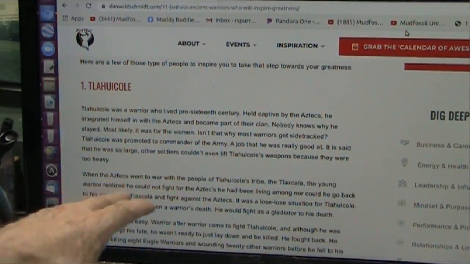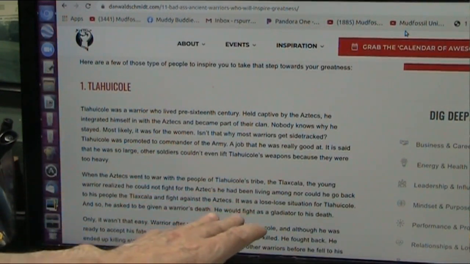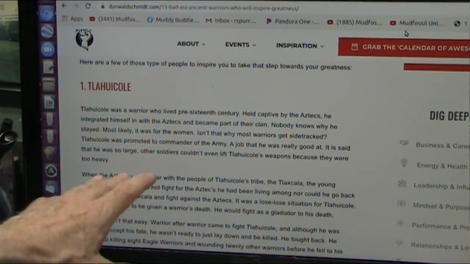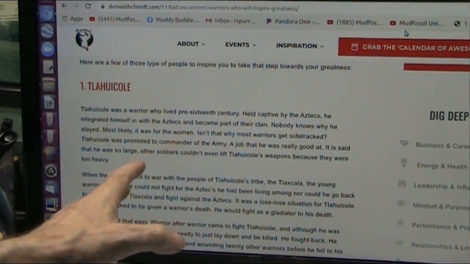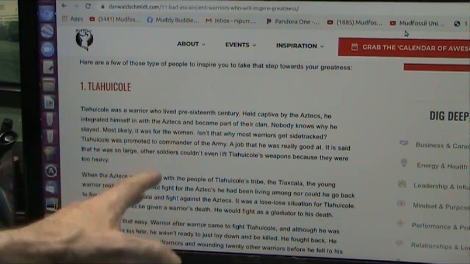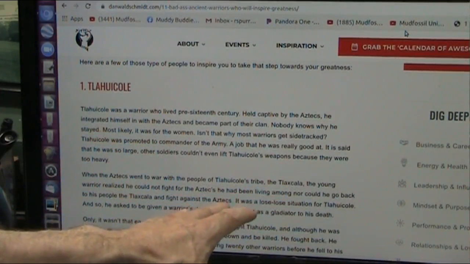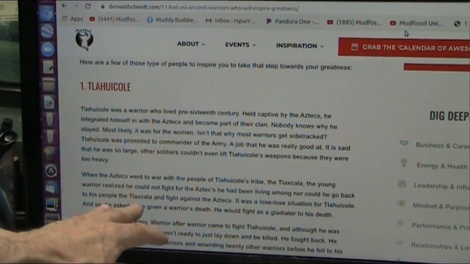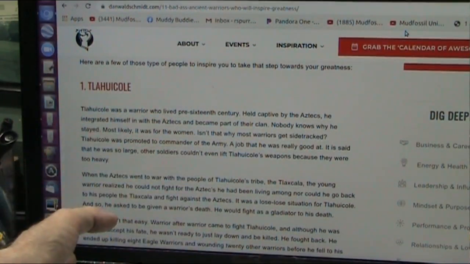Now, when the Aztecs went off to war with the people of his tribe, the Texacal, the young warrior realized he could not fight for the Aztecs. He just couldn't do it. It was against his belief system. He had been living among these Aztecs, nor could he go back to his own people, the Tikal, and fight against the Aztecs he had been living with.